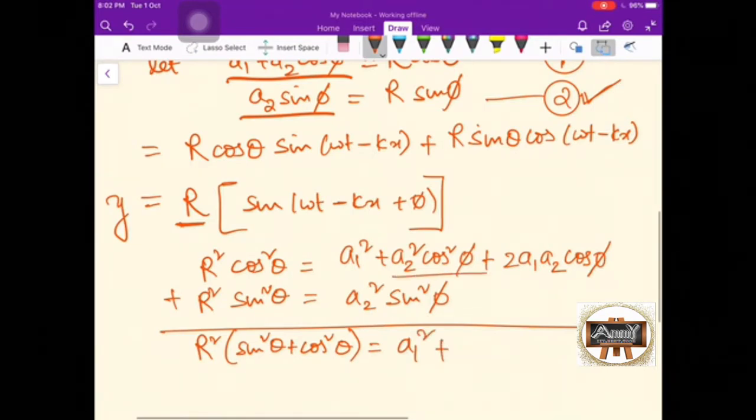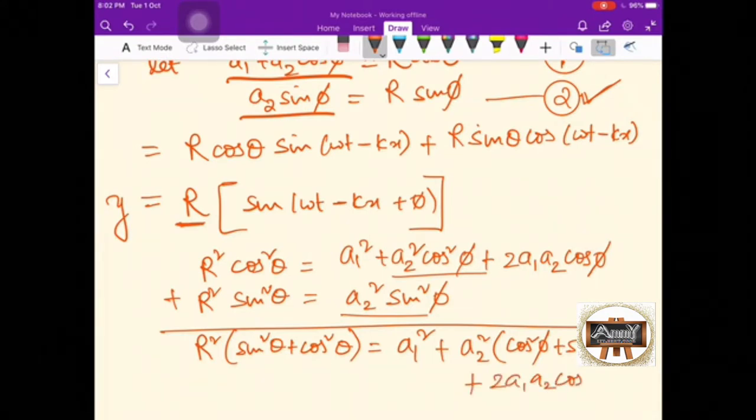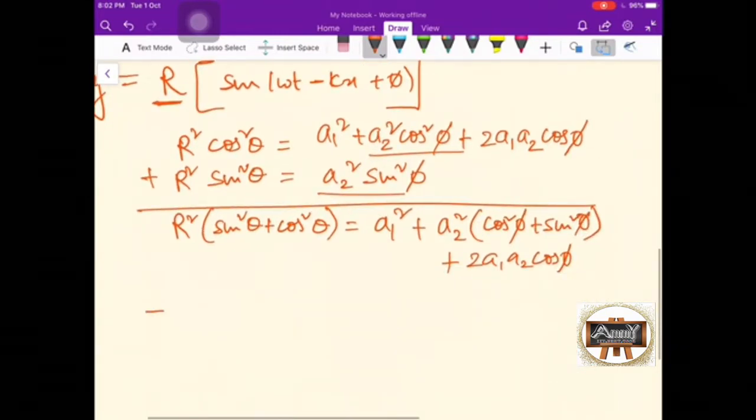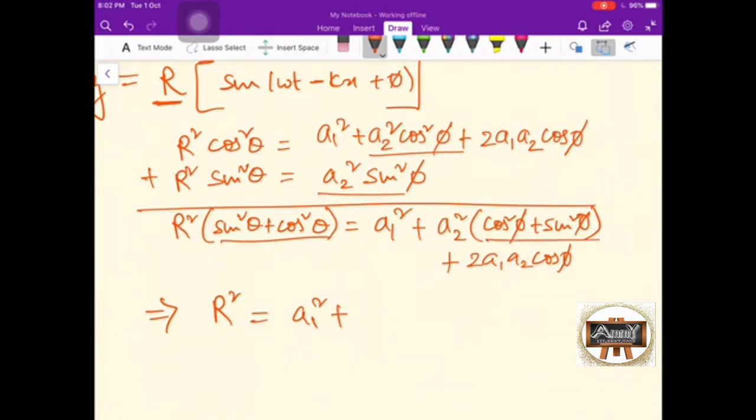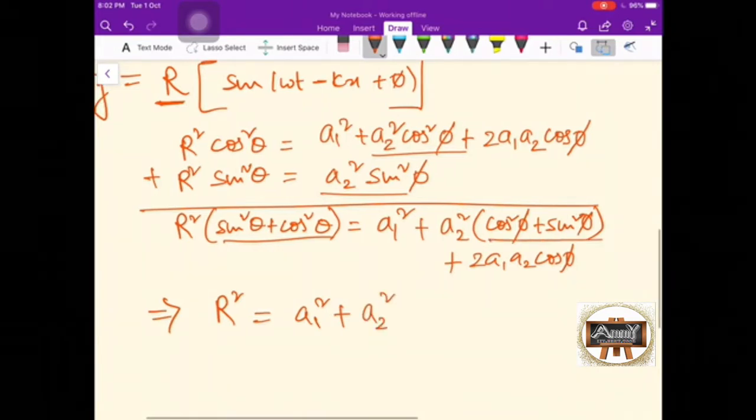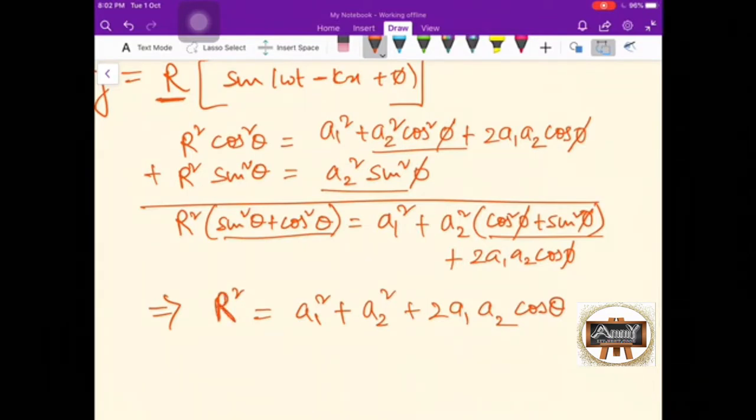Again I can take A2 square common from these two terms: A2 square (cos square phi plus sin square phi), and then I am left with the term 2 A1 A2 cos phi. You very well know that sin square theta plus cos square theta is 1, and similarly cos square phi plus sin square phi is 1. So my equation is reduced to this. This is the expression for my resultant r.